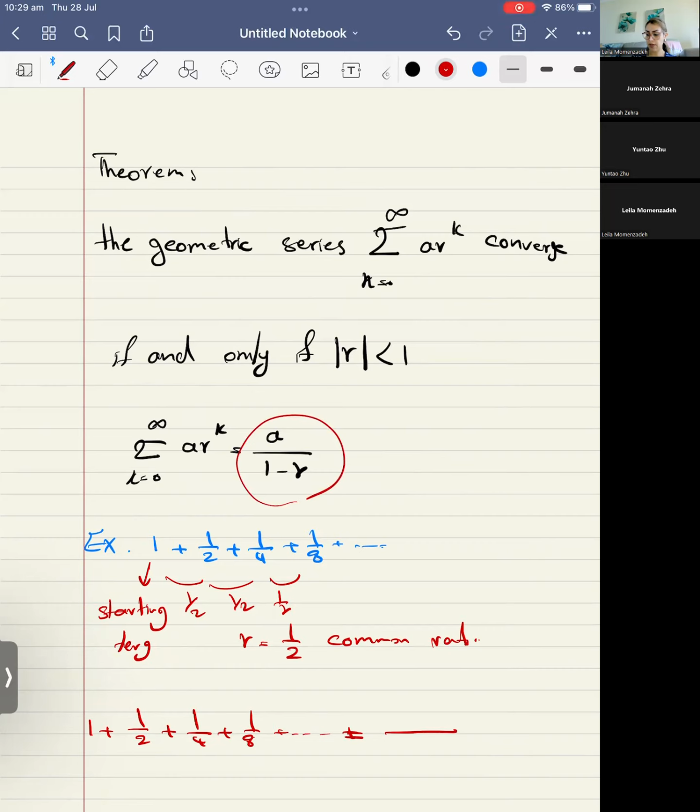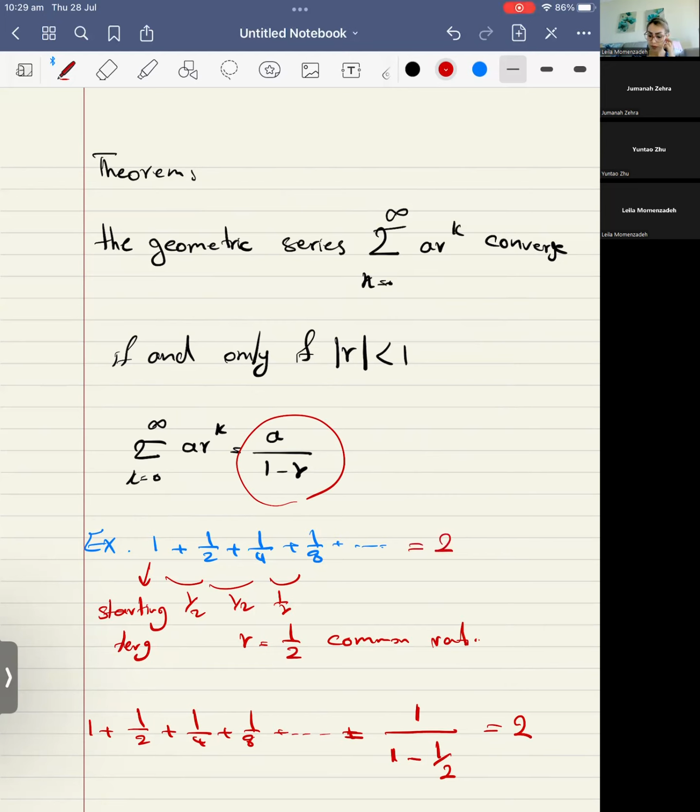What is a? The start number is 1, over 1 minus the common ratio. Now I think it's clear why the result for this one would be 2.